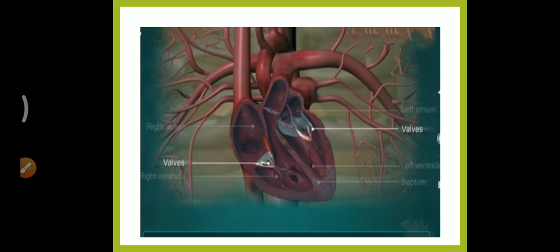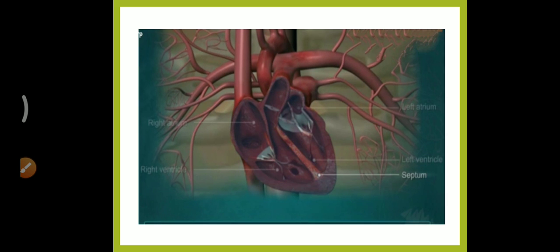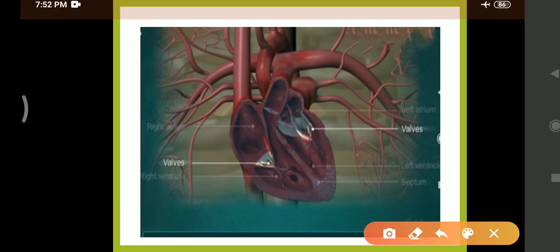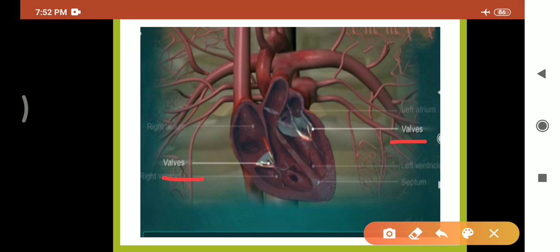In this slide, how are the upper chamber and lower chamber divided, meaning the left atrium and left ventricle? There are walls in the heart. Where are these walls? This wall and this wall.